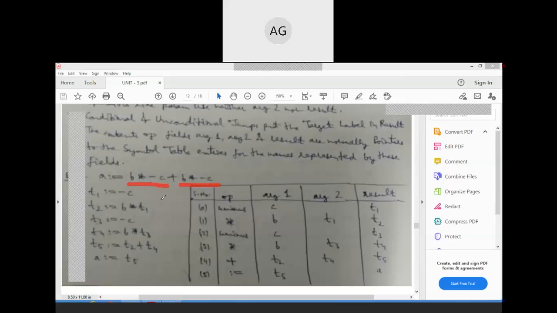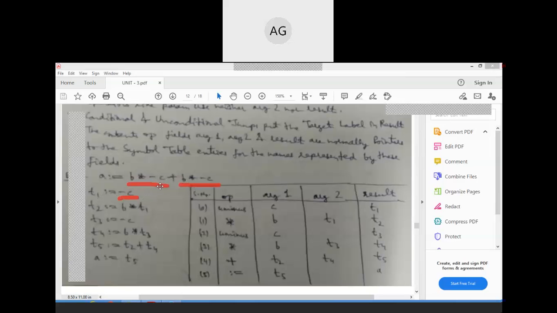In order to make the three address code, first we are going to concentrate on this part, b into minus c. Here minus c is the unary operator, so we need to store it in a temporary variable. The first statement is t1 equal to minus c.